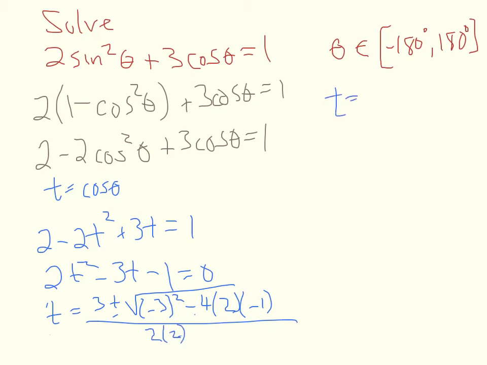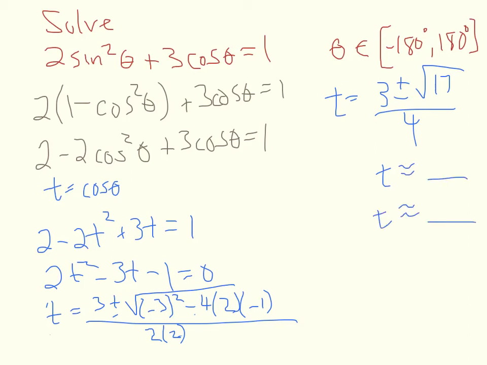So jumping up here, t is equal to 3 plus or minus the square root of 9 plus 8, which is 17, and it's over 4. So we'll get two values for t. T is approximately this. T is approximately that.